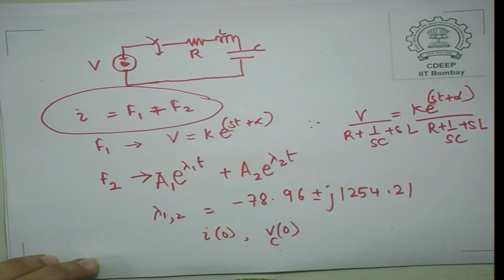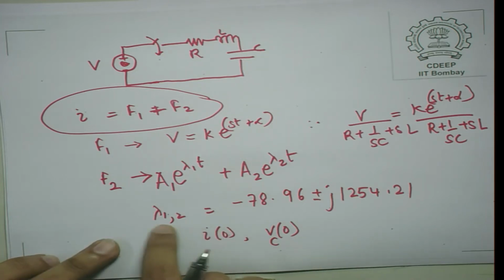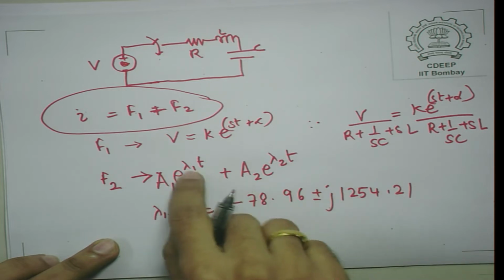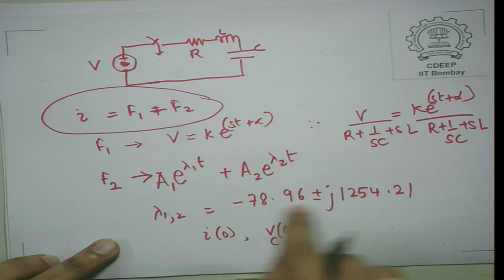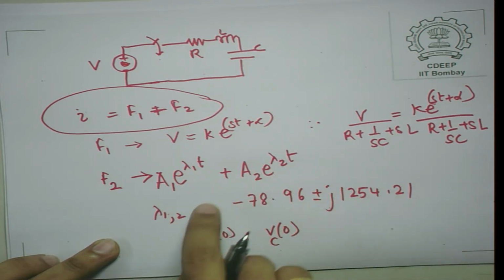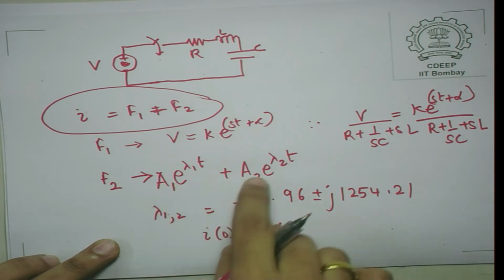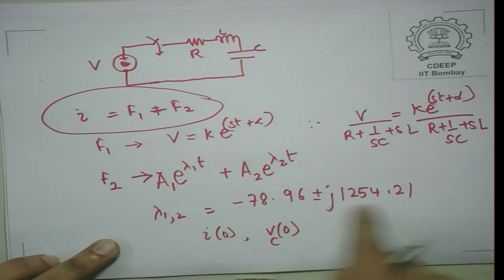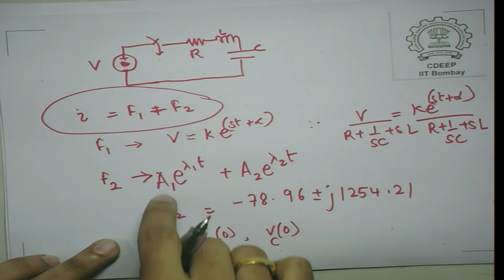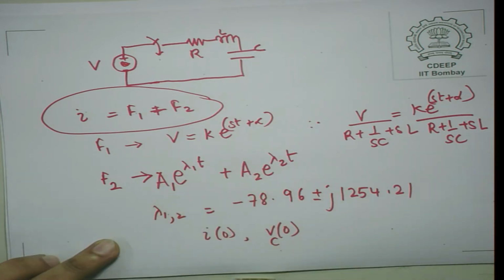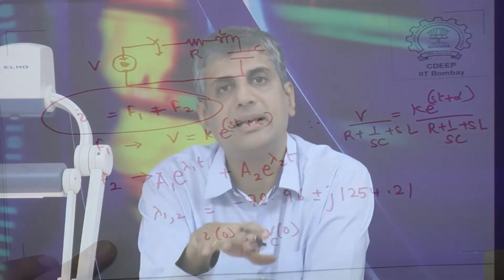So, what you find here is that this e raised to lambda 1 and 2 are in fact defined by this. Your final response, if you assume that everything is real here, A1 and A2, lambda 1 and lambda 2 are a complex conjugate pair, and it turns out that A1 and A2 also will turn out to be a complex conjugate pair. So, if everything is real in this circuit, the final response, both the natural and forced response, will come out to be real.